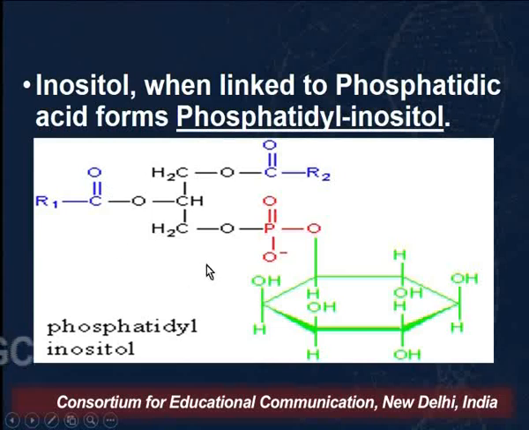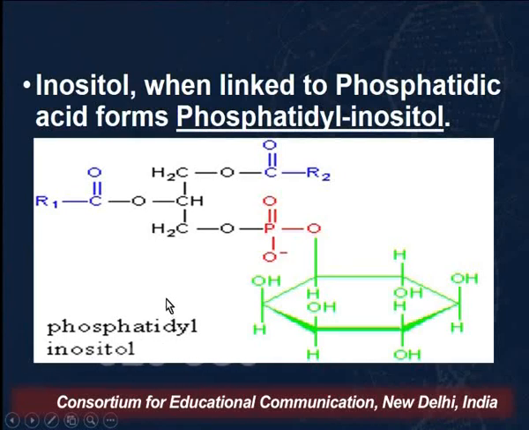This is the basic unit which is present in phosphatidic acid, and this unit is known as phosphatidyl because we've removed hydrogen from here and we are forming a phosphoester bond between phosphate and inositol. So this molecule is known as phosphatidyl inositol.